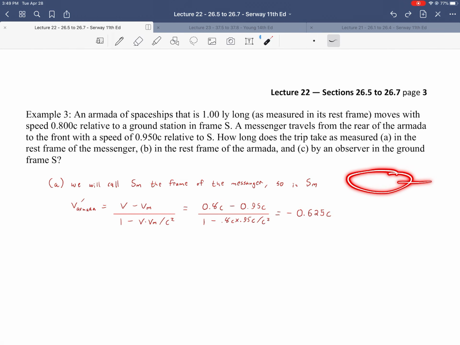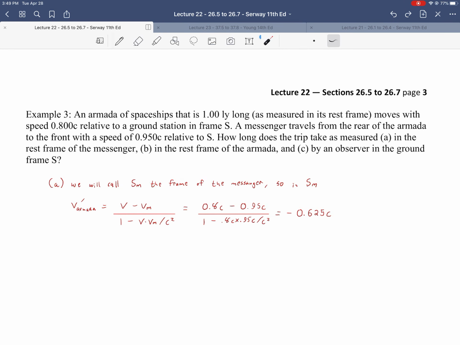That means the messenger is moving in the same direction as the Armada. So if the Armada is moving this way, then the messenger is moving in that same direction, but just faster. Then we'll plug in the velocity of the Armada relative to the rest reference frame, and the velocity of the messenger relative to the rest reference frame. All right, so there we have it. That's just using our relative velocity in special relativity equation.